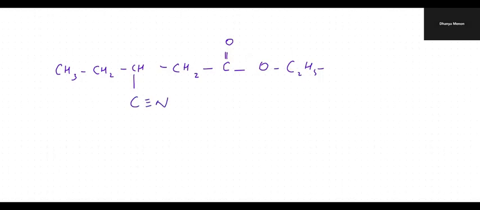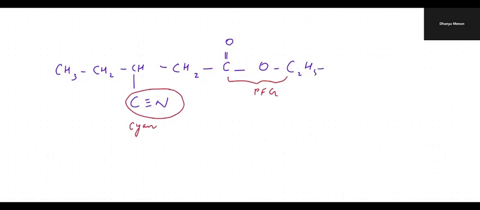Okay. Now, in this case, this is the ester, which is our primary functional group. And this is our substituent, cyanide. Okay. So it is cyano.